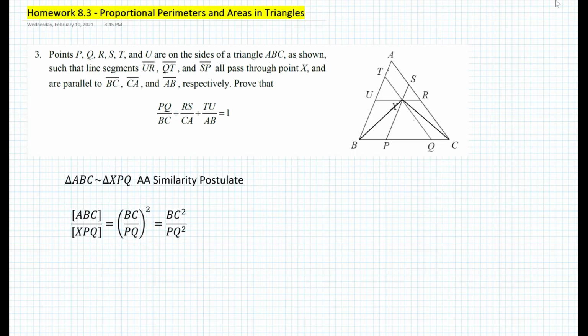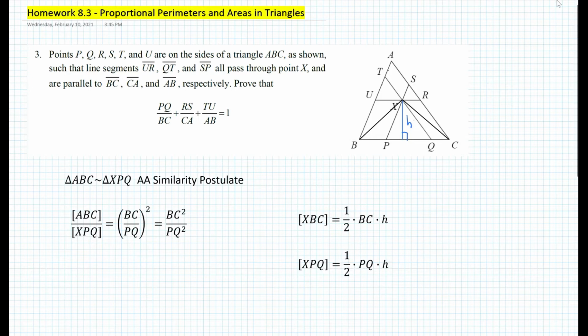Now we can compare triangle XBC with triangle XPQ. If we look at triangle XBC, and let's say we drop the altitude and call it H, as shown here, we know that the area of triangle XBC is simply 1/2 times BC, which is its base, times the height. Similarly, we can find the area of triangle XPQ.